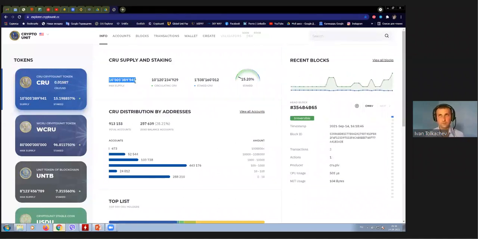And please note that in session 2, you learned more details about each token, and the CRU token may be in 2 states, either frozen or unfrozen, and the maximum issuance of this token is over, so it will not be issued anymore. This is the figure which is here. This is the one in circulation, and it will not become bigger. What does this mean?